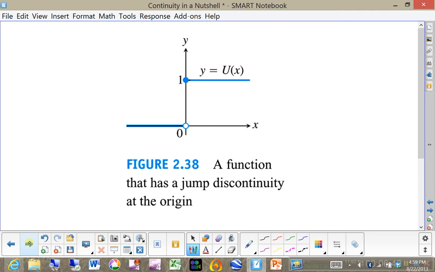Obviously it's equal to 0 on the left, and then as x approaches 0, it jumps to plus 1. So it has what we call a jump discontinuity at the origin.